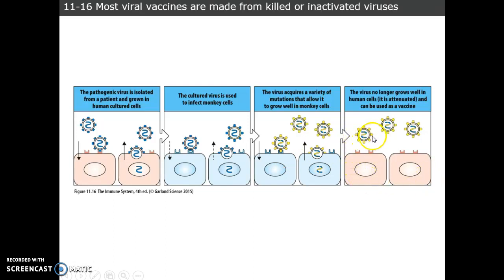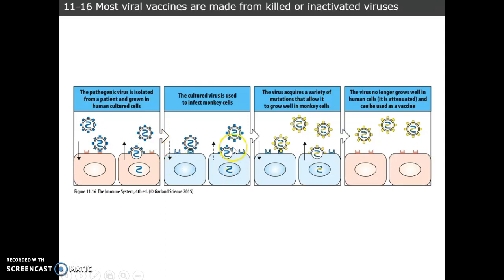But now you've changed enough of the virus that it actually prefers the monkey cells. All right, actually binding here, remember this is a virus, so it needs that particular interaction between the host cell receptor and the ligand on the virus. And now through many, many passages, all right, putting it into the cell and having it come out. So this process here is one passage.